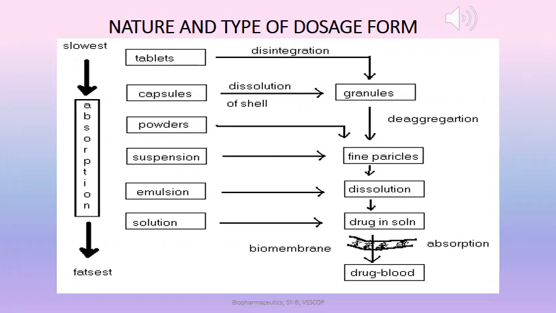Another dosage form related factor which affects the drug absorption is the nature and type of dosage form. It has a direct impact on the drug absorption and hence bioavailability of a drug. In the diagram, you can see how every dosage form undergoes a few steps, some of which are the rate limiting steps of every formulation, before the drug is absorbed.